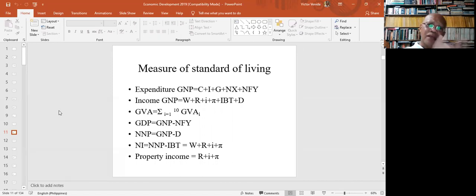Now, of course, it's gross national income, but when you're talking about the incomes earned by human beings in the economy, there is what's called the national income, which is equivalent to net national product minus indirect business taxes, which is then equal to wage plus rent plus interest plus profit. Wage, rent, interest, and profit reflect the factors of production that the different economic sectors have.